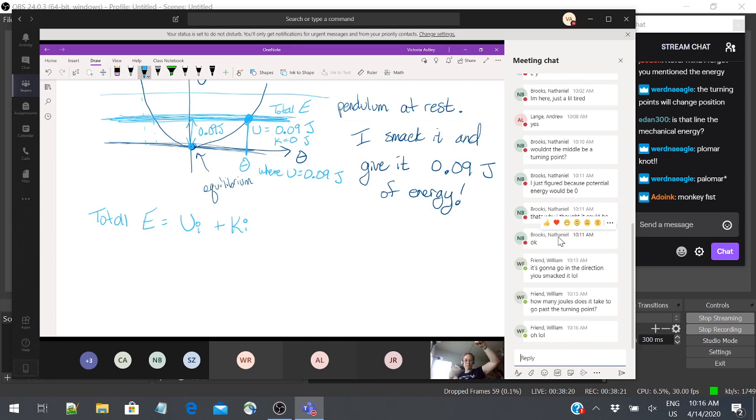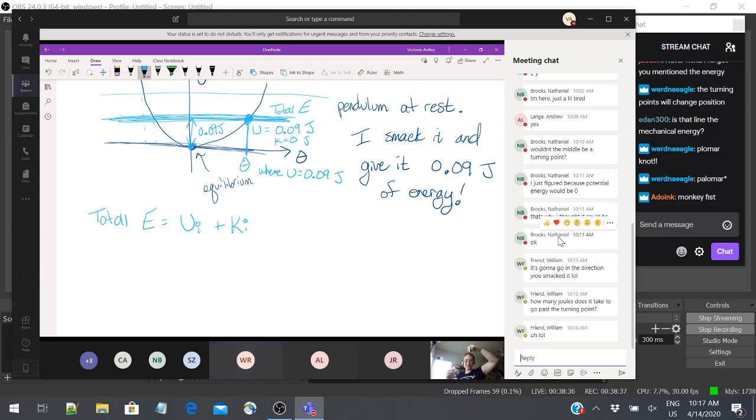Okay. But say I pull it out this far, and then instead of just dropping it, I push it, right? If you just drop it, if I pull it out to 10 degrees and let go, it's going to swing out to 10 degrees on the other side.